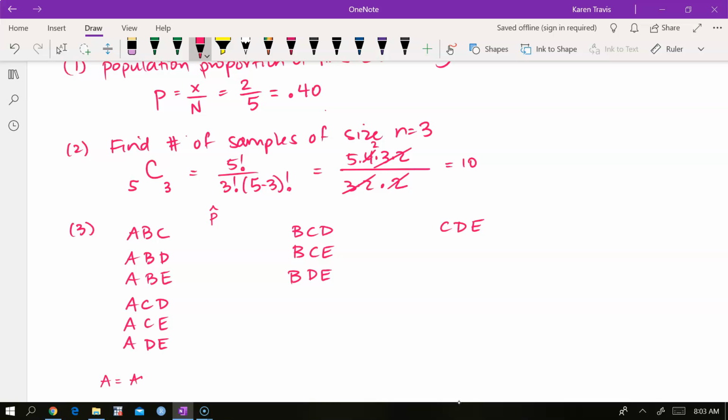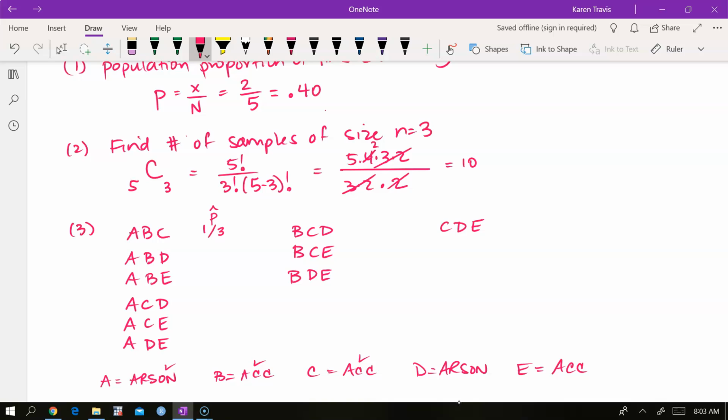Fire A was arson, fire B was accident, fire C was accident, fire D was arson, and fire E was accident. That's the same as what's above, it's just where I can visually see it on the screen. So if I had fire A, B, and C in a sample, this one would be arson, this one would not, and this one would not. So p-hat is 1 out of the 3 fires is arson.